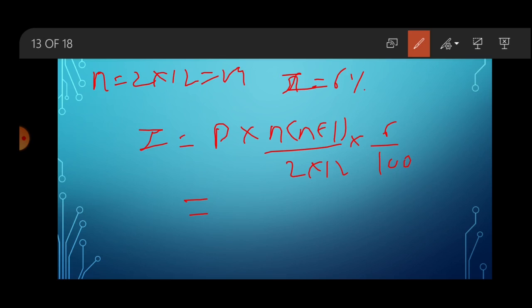Again interest is your 1200, so P is unknown, so 24 into 25 upon 2 into 12 into 6 upon 100. So it will cancel 4 times 12, this 2 and this 2 will cancel.